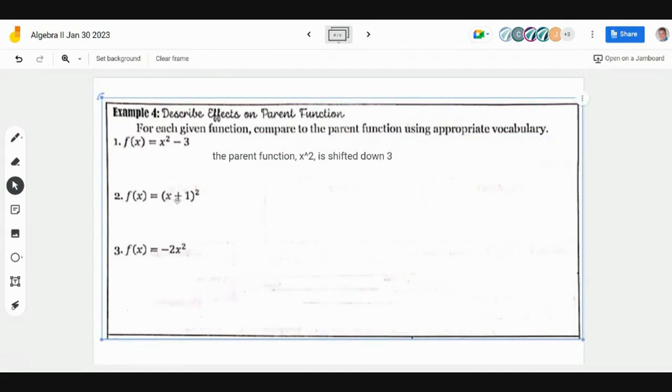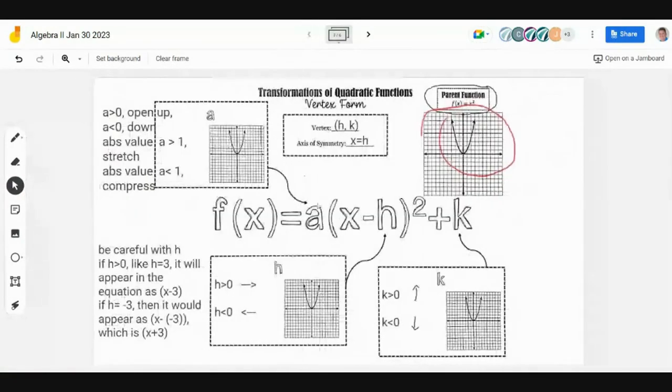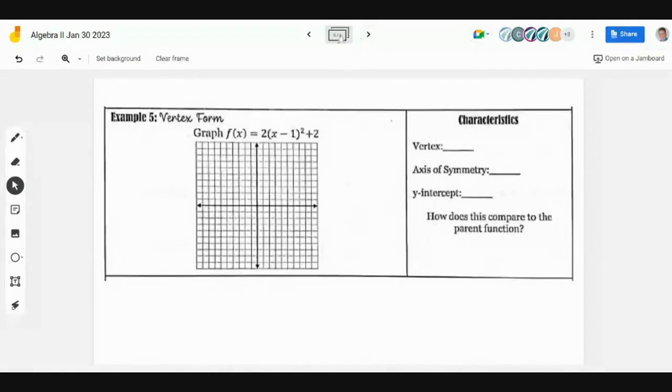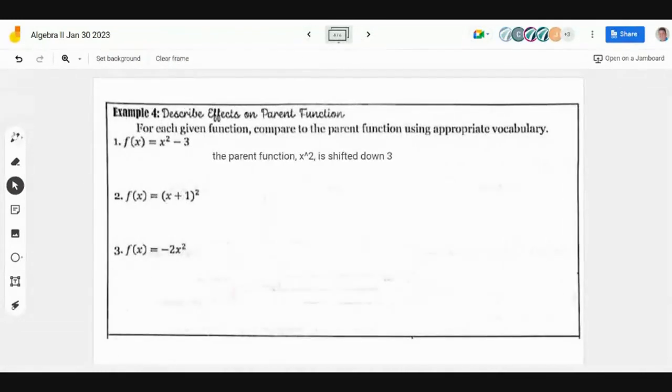And then we get x plus 1. So what is our h? This is x minus h. If it's negative, it's going to appear as a plus. So in this case, we're seeing an h equals -1 because x minus -1 would be x plus 1.